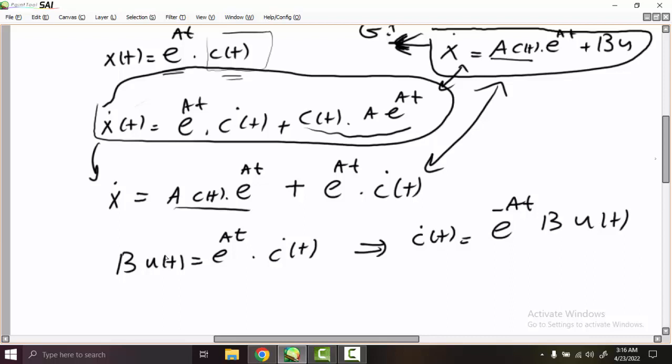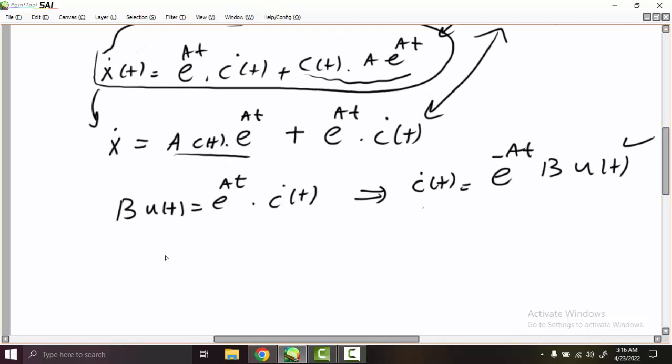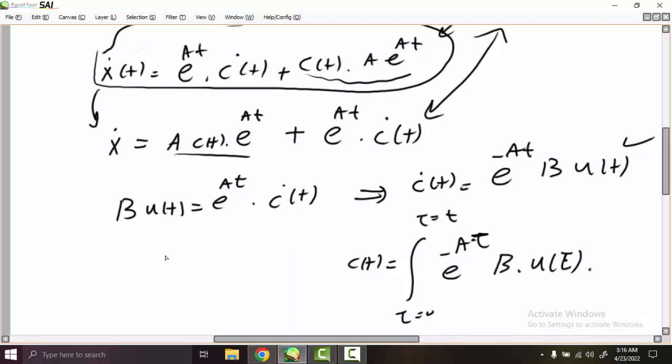When we integrate this equation, we get c of t, the forcing function, so c of t will be equal to the integration from tau equal to 0 to tau equal to t, some time t, of e to the power of minus a tau, because the variable here is tau, b u of tau d tau.